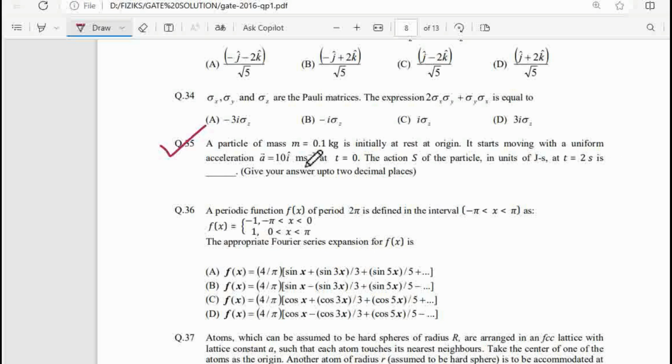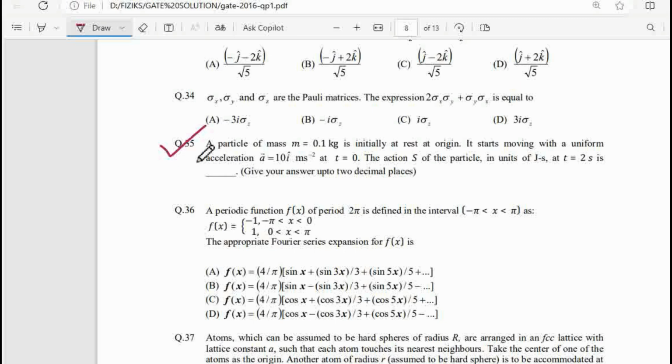Uniform acceleration means a force is applied on that particle, and that's why an impulse has been created. You don't see an impulse term in this question, but both questions are the same. There is a mismatch in the wording, but don't think that this question is not equal to that question in the SSB. Both questions are the same.